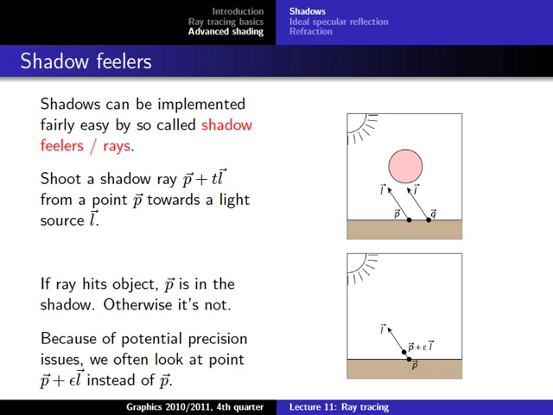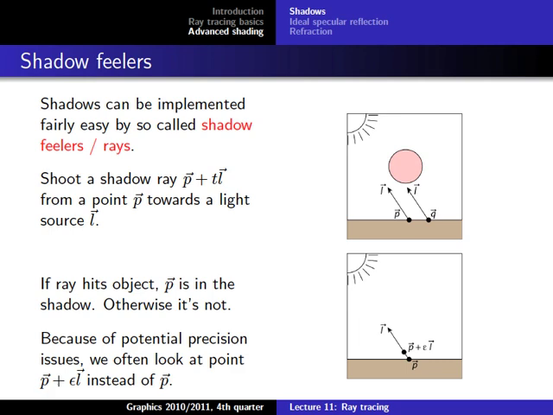If we have a point and we want to know if this point is in a shadow or not, we just shoot a ray towards the light, and if that ray intersects with an object like you see here on the right side of the image, then of course we know there is no direct connection to the light, so it must be shadow. And if we shoot it towards the light and we hit the light source, then we know there is no object blocking the light, so we are not in the shadow.